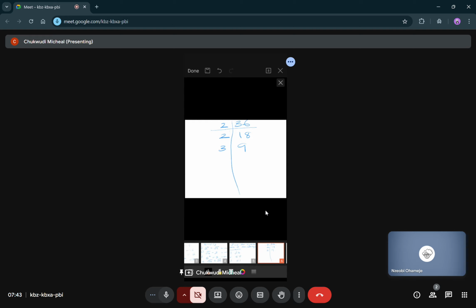Now 3 can divide 9. 9 divided by 3 will give us 3. 9 is an odd number, so you can't use 2.